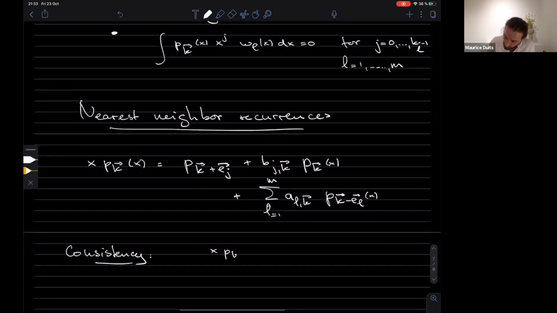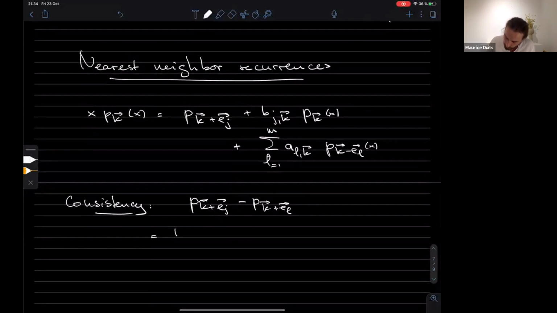that x p_k, if I would look at the difference of p_{k+e_j}, but now I subtract p_{k+e_l}, for example, then from this relation that I wrote above, I can just see that this is going to be equal to the a_{l,k} minus a_{j,k} times the p_k(x) here.